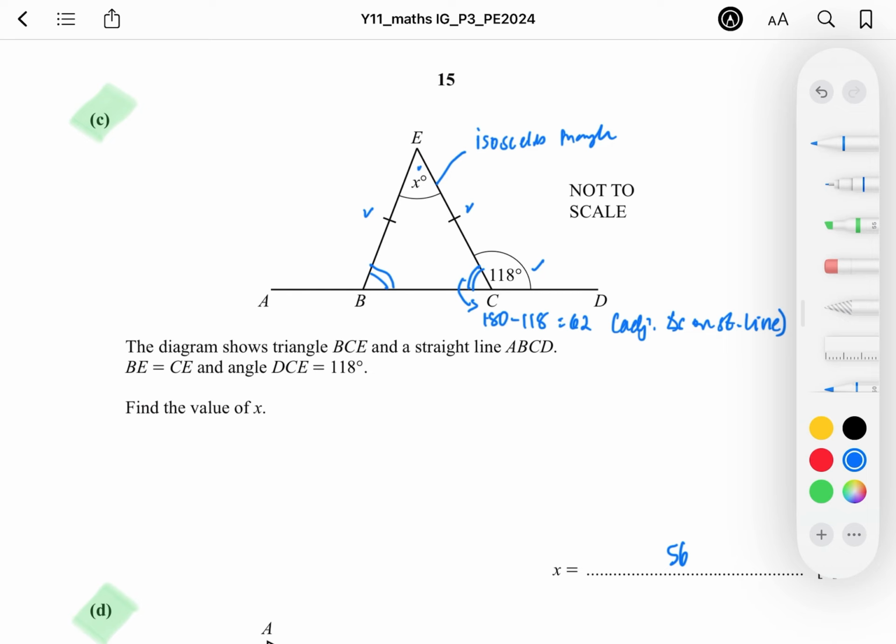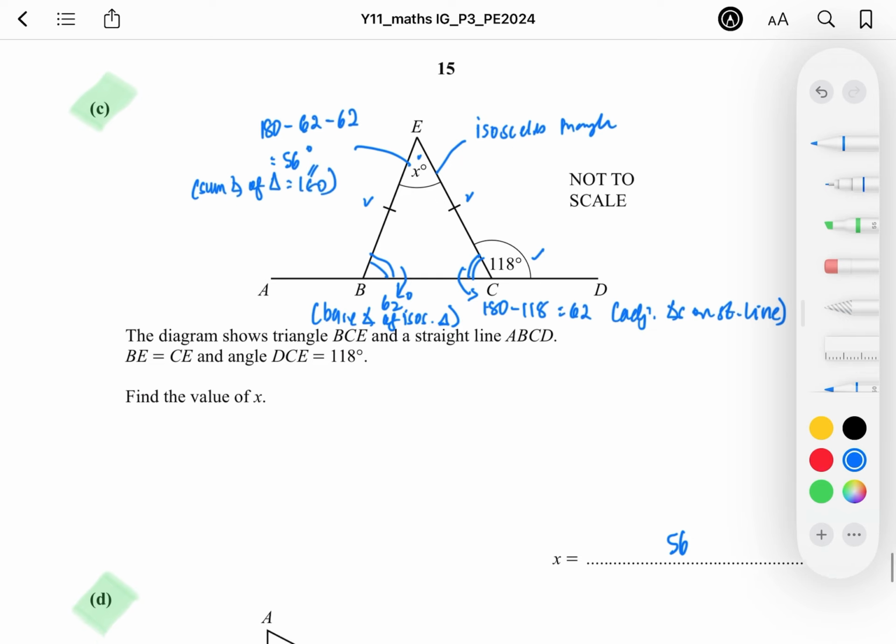So if that is 62, that means that is 62 as well, because these are base angles of an isosceles triangle, and that means the value of this angle here would be 180 minus 62 minus 62, because both of the angles are equal, which is equal to 56. Why 180? Because the sum of angles of a triangle is equal to 180.